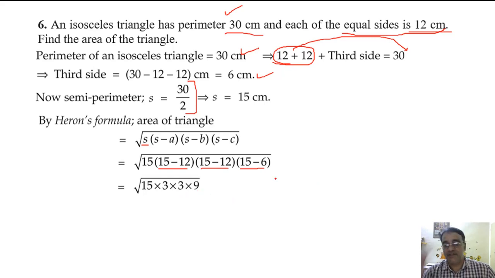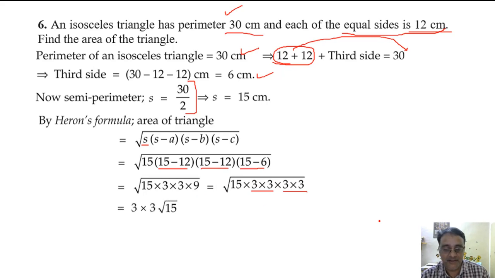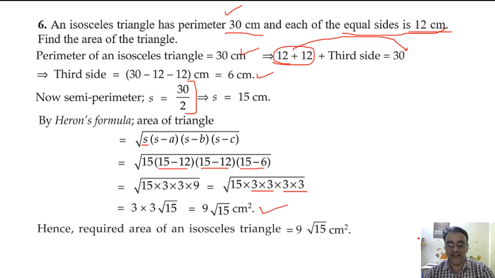Okay, so if you factorize, what you will get: 15 into 3 into 3 into 3 into 3. So only 2, 3 can be taken out. So final answer is 9 root 15 centimeters square. Hence the required area of the isosceles triangle is 9 root 15 centimeters square.